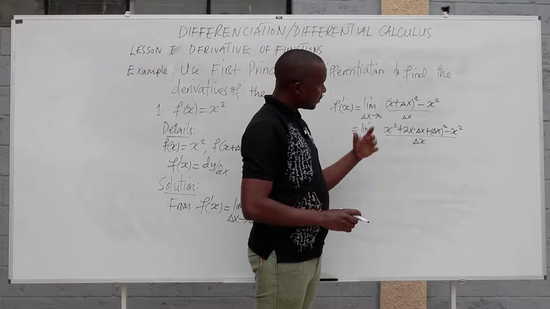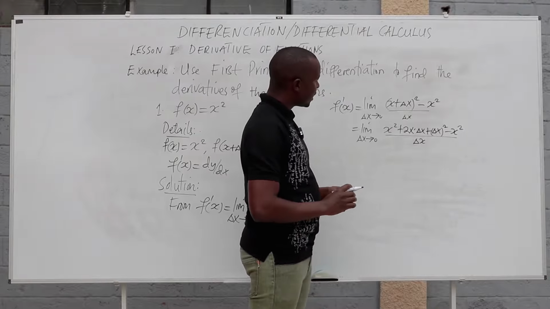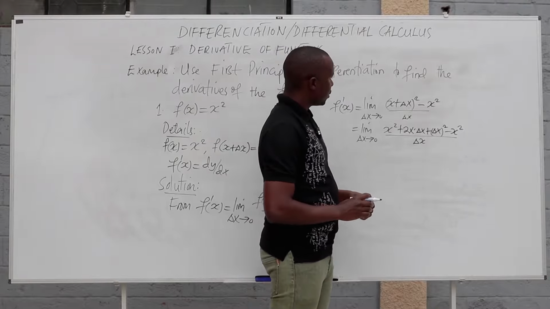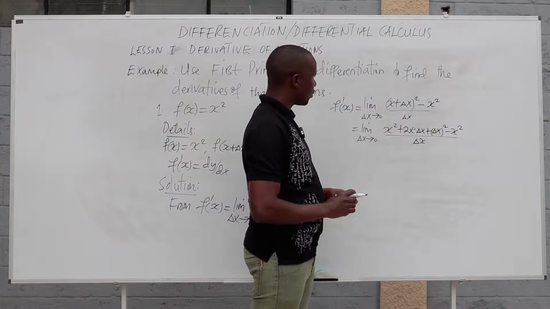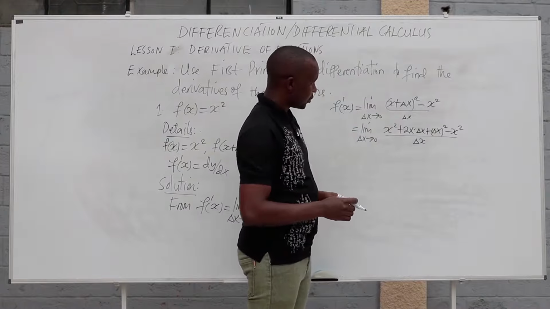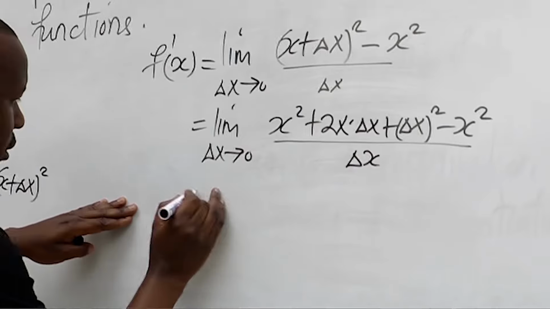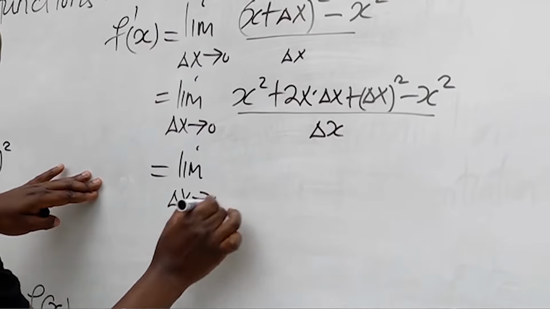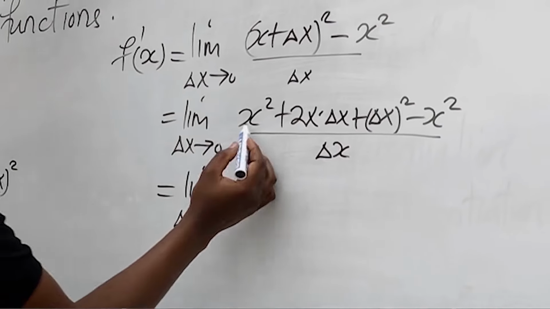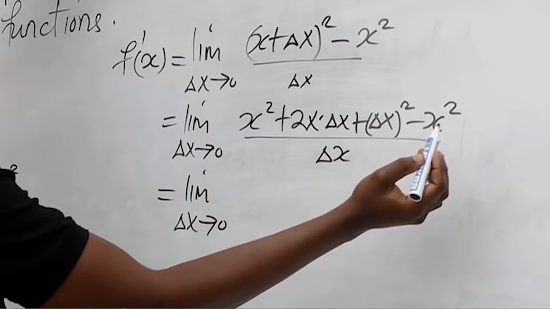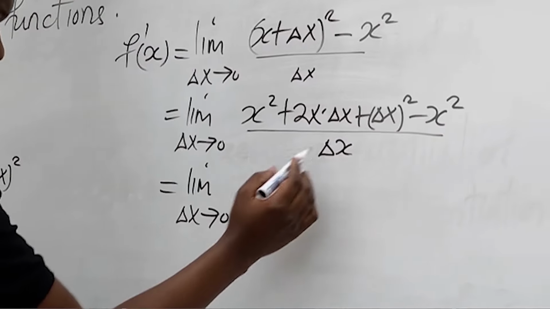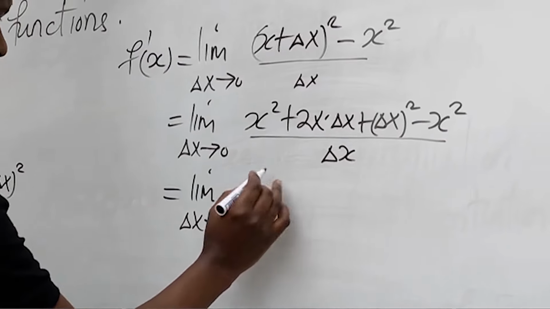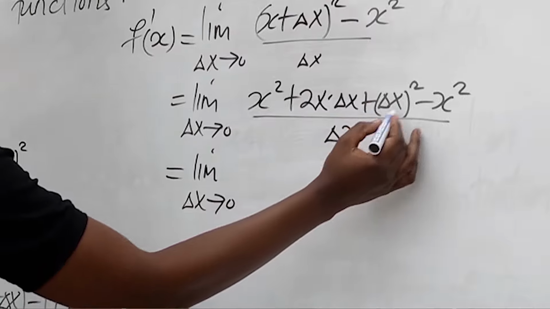After simplifying, the change in x that remains, we are going to approximate to 0, or we apply the limit by direct substitution. So we'll have the limit as change in x approaches 0. This x squared and this x squared, once operated, become 0. So here we'll have 2x change in x plus change in x squared.